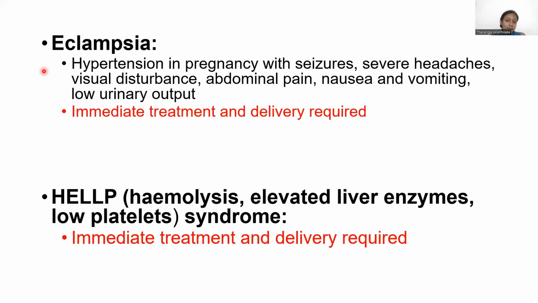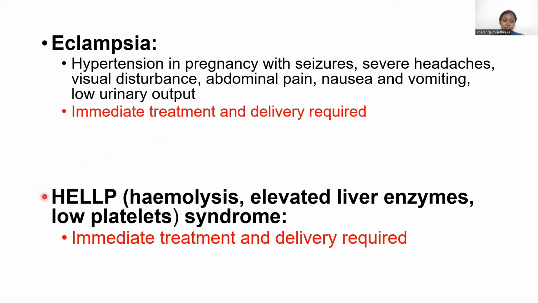So what is eclampsia? Now you have hypertension, you have proteinuria, but you also now have hyperexcitability, neurological symptoms like seizures, severe headaches, visual disturbances, abdominal pain, nausea, vomiting, and low urinary output. You must treat immediately and deliver. You have to treat them urgently with IV medications and deliver the baby.